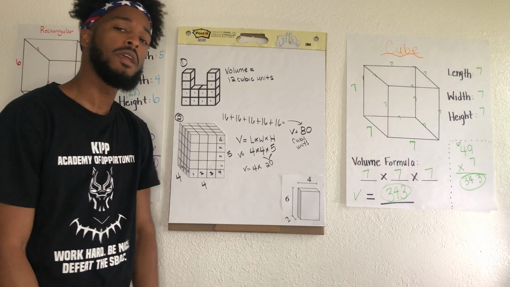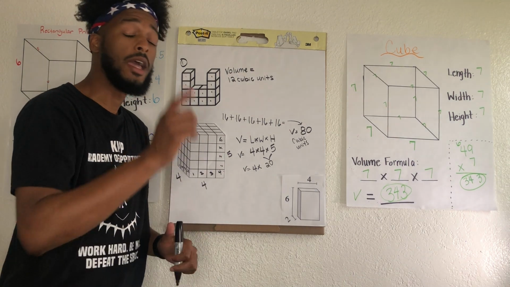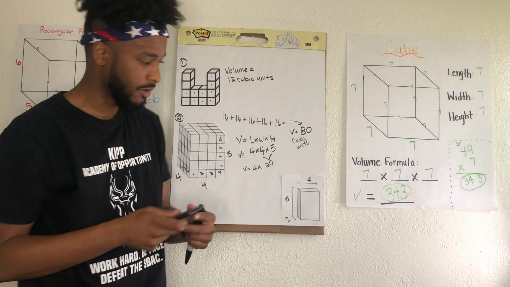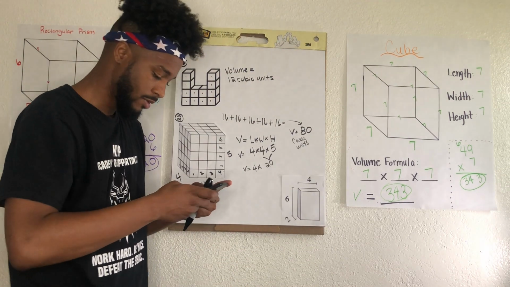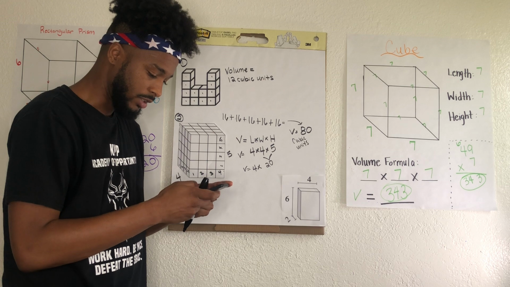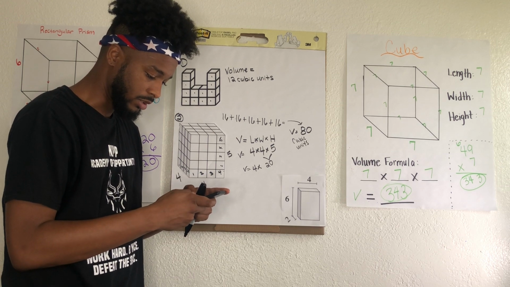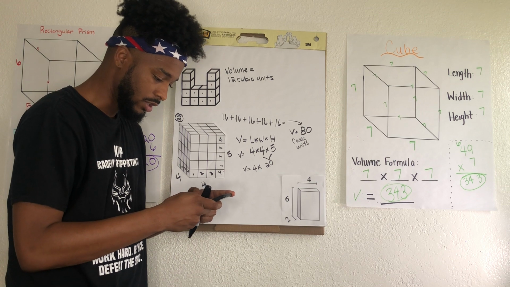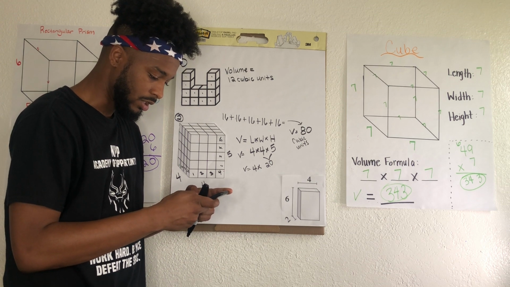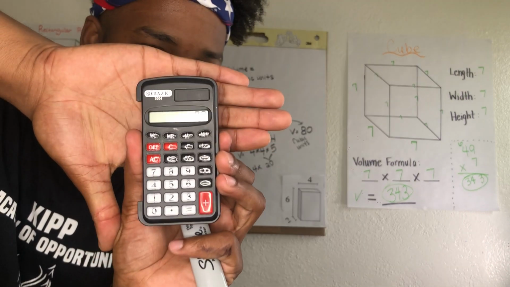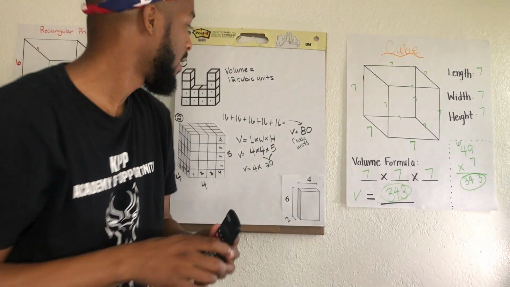And if you don't believe me, pause this video and you can use a calculator. I've got a baby calculator here. Where's my phone? 16 plus 16 plus 16 plus 16 plus 16 equals 80. Do we see that? 80. That is correct.